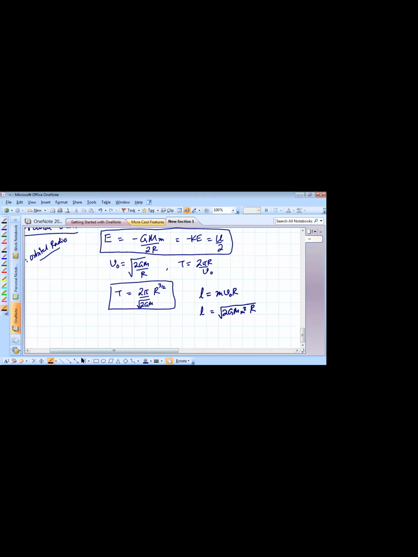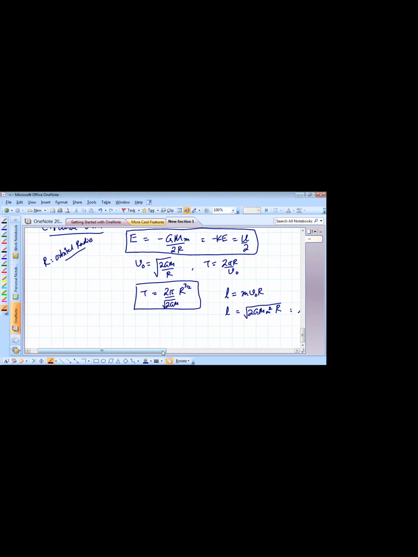Oh, sorry, m square, not m cube. So basically, angular momentum is proportional to root of r. V is proportional to square root of 1 by r, like that. So this is about the circular orbit.